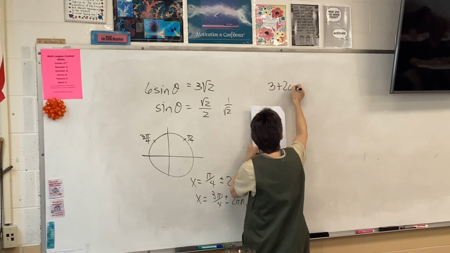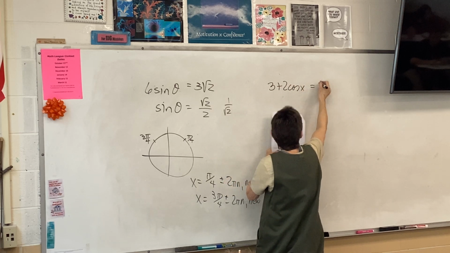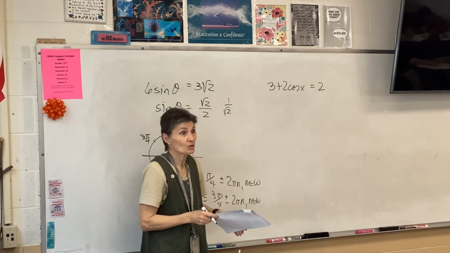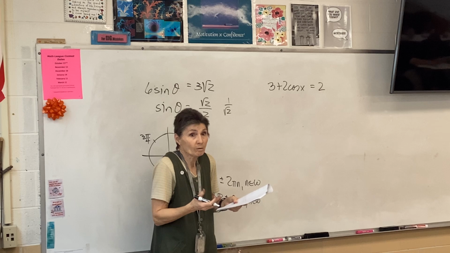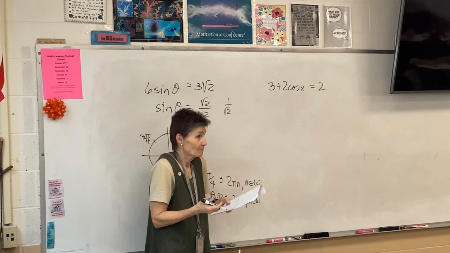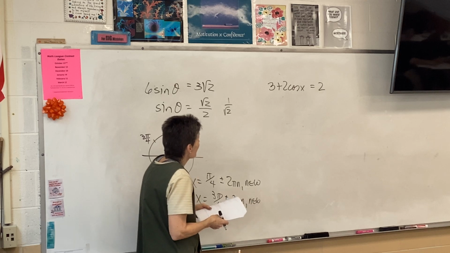3 plus 2 cosine equals 2. If we want their points of intersection, don't we want to know where they're equal? Yes. All right, so what do we do?